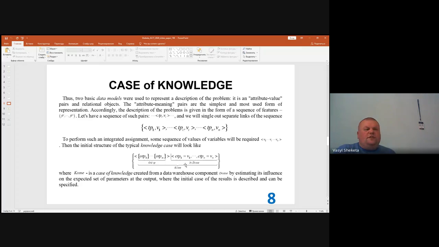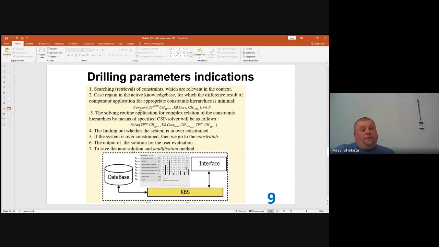Arrow interpretation is a form of rule, and rule is the most widespread conception of knowledge, because we know that knowledge in a knowledge-based system is in most cases exactly a rule-based system. So we start from a simple case like in most systems.